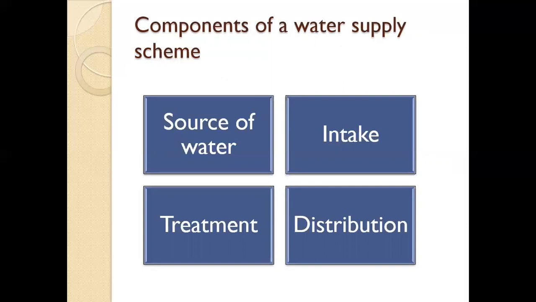So the treatment plant is the next component of the water supply scheme. After water is treated and free from all the chemicals, it should be distributed to each and every user, at each and every point in the town and the city.